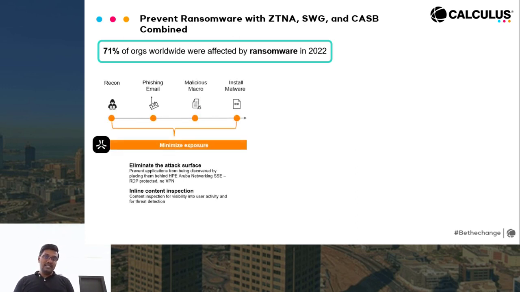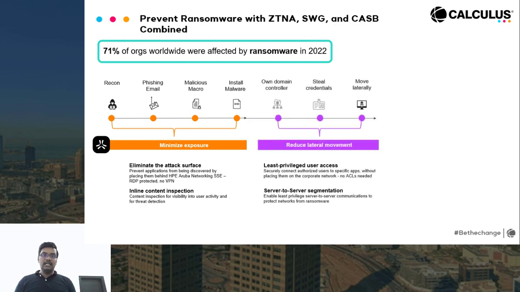We can safely say that by placing all applications to be accessed behind the HPE SSE cloud perimeter, and also by inspecting all the connections continuously, all the content for any threats or anything else, that supports us in minimizing the exposure to any malware or other types of attacks, as you see.